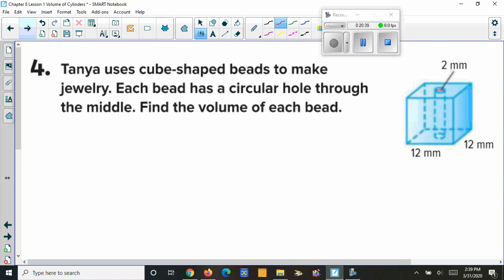So let's talk about what shapes are here. I have a cube, and I have a cylinder here in the middle that is that hole, that circular hole. Well, if I want to find the volume of the bead and that cylinder is a hole, then I'm going to have to take the volume of the cube and subtract out of it the cylinder.